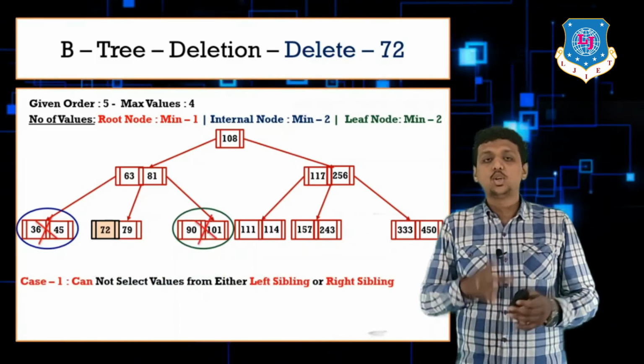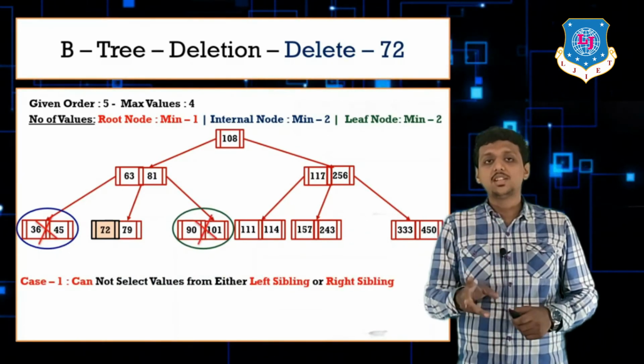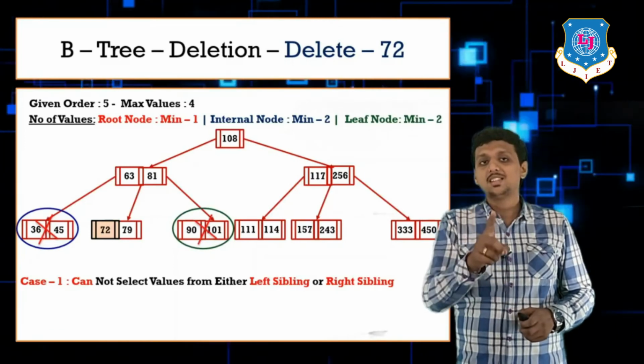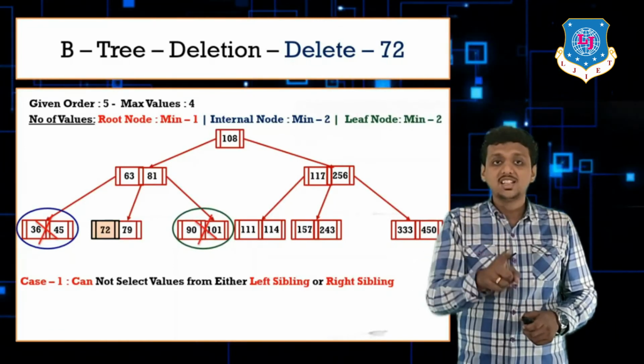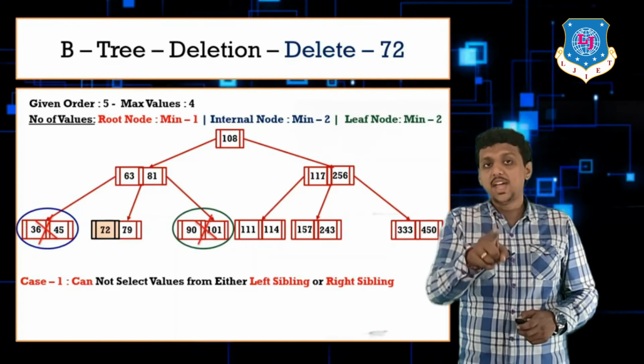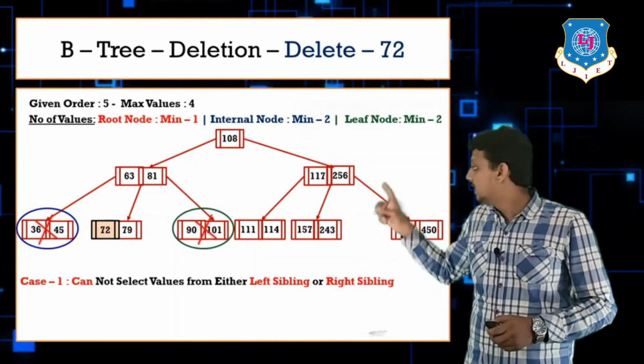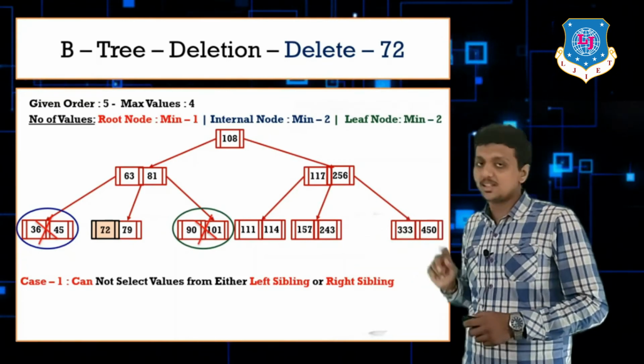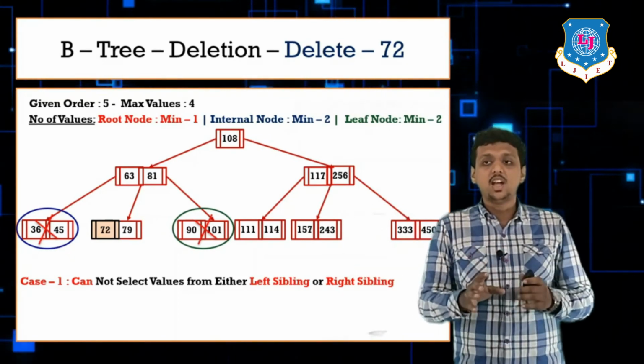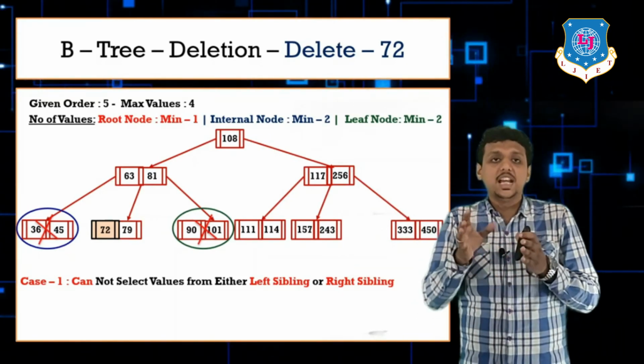So what to do? In such cases, you need to move towards case number 1, 2C, where you need to combine with the left sibling or right sibling. Right now, after deleting 72, 79 becomes alone.